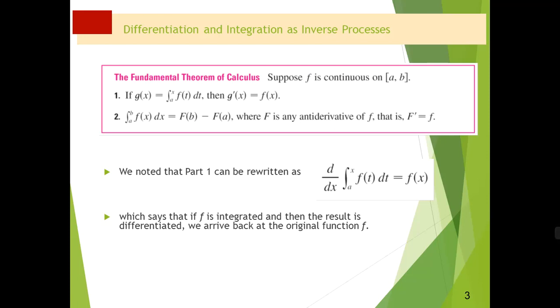We note that part 1 can be rewritten as d over dx of that integral equal to f(x). So you can see the process of integration can be inverted by the process of differentiation applied to g(x).